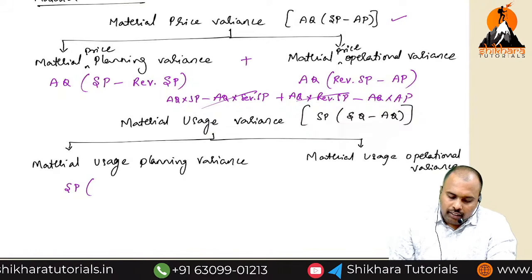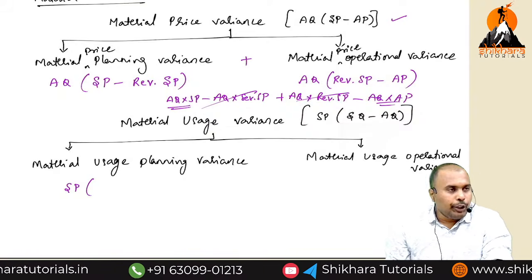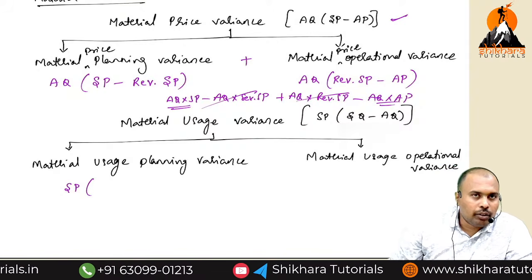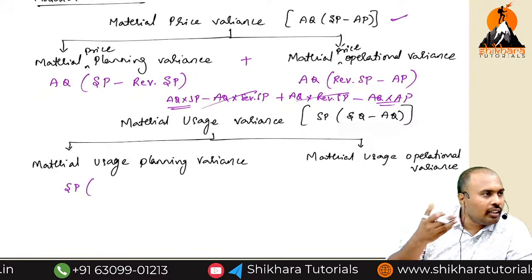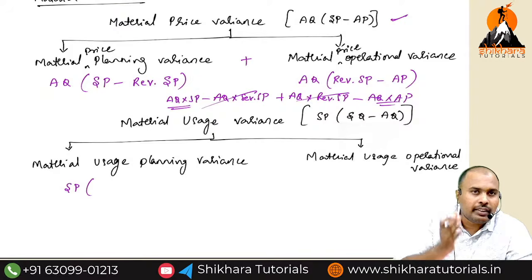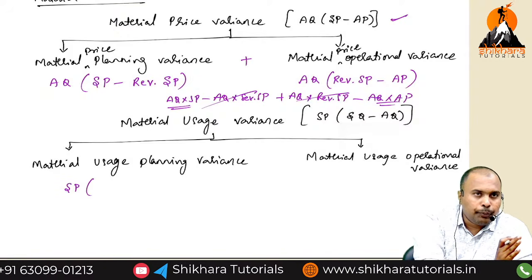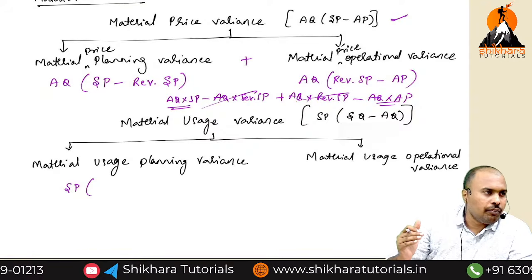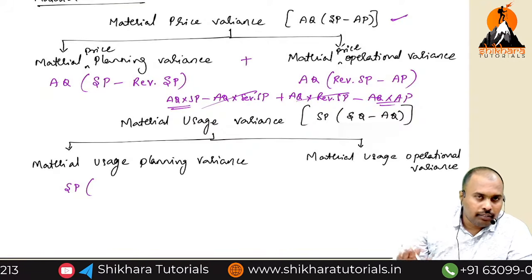Then we are going to get AQ into SP minus AQ into AP, which is nothing but this one. Understood, right? We are just dividing the traditional variance, out of the total variance which we already got, into how much is due to pure planning, inefficient planning, and how much is due to inefficient performance of the department. Clear?